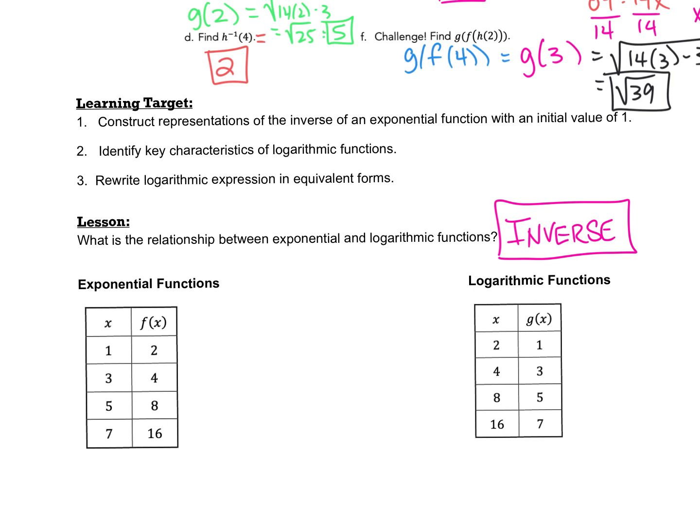Let's look at a tabular representation of an exponential function and a logarithmic function. When we look at the exponential functions, if we're thinking about the inputs and the outputs, what do you notice happening with all the x values? Yeah, they're increasing by 2. They're equally spaced. So in an exponential function, our inputs are equally spaced.